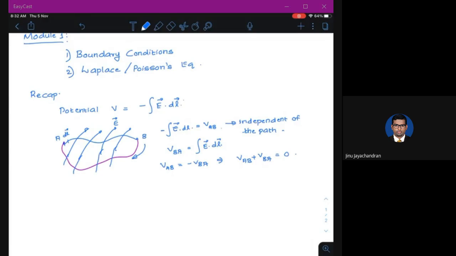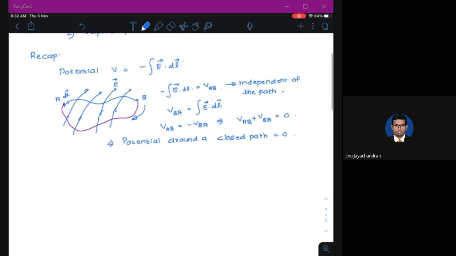So the potential around a closed path is equal to 0. That is the result. Why? Because when we travel from A to B, you have one potential. And when you travel from B to A, you have a potential which is minus of that from A to B, because the electric field doesn't change direction.